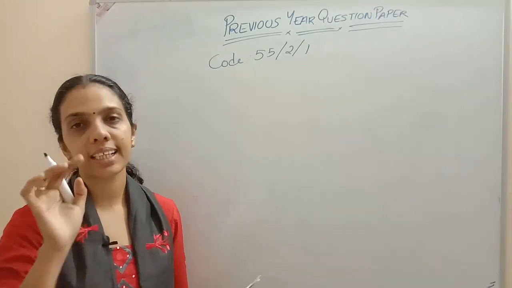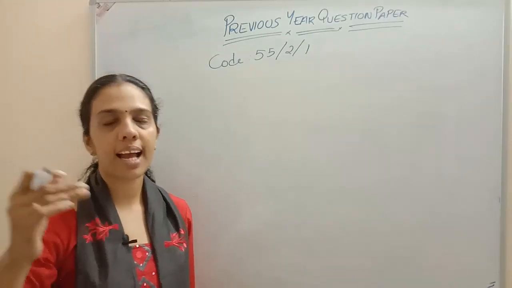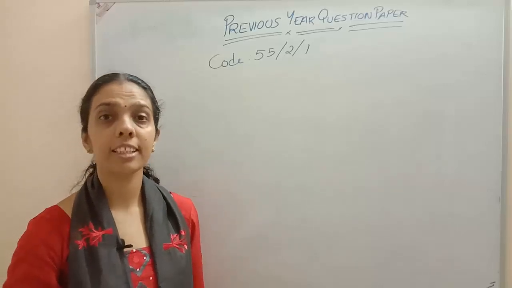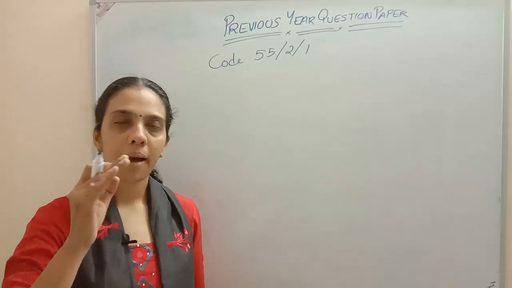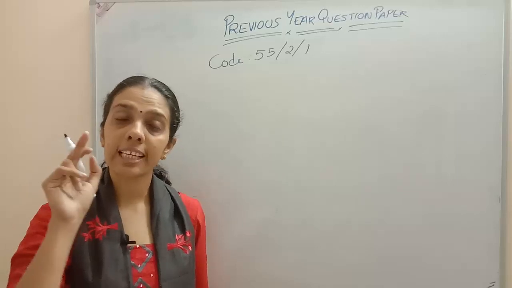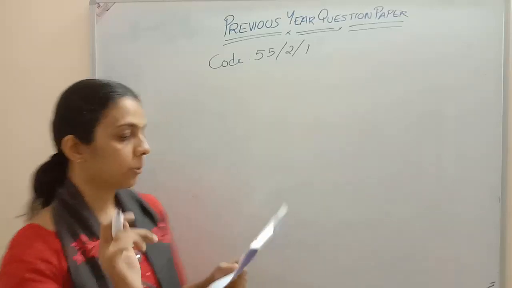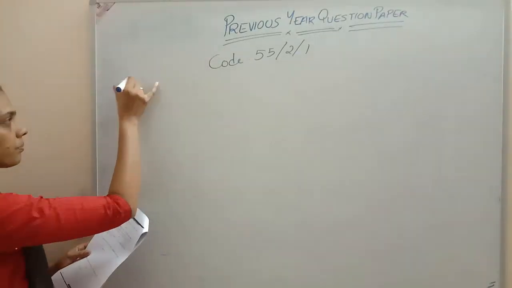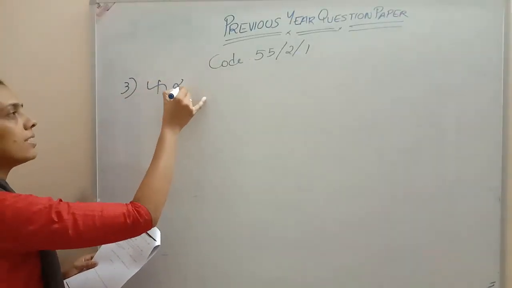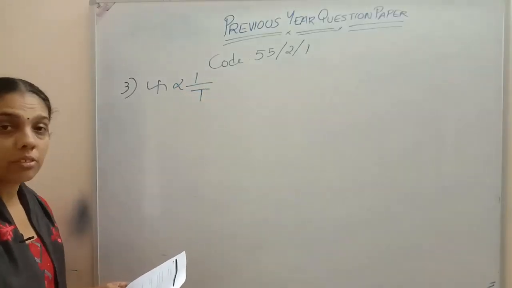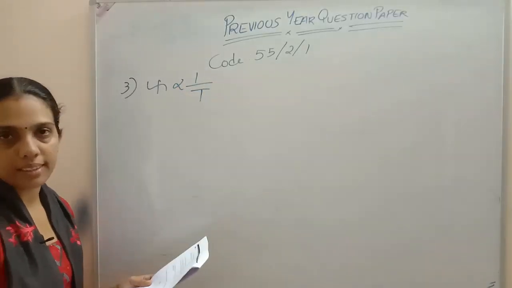What is the relation connecting magnetic susceptibility and temperature? It is Curie's law, isn't it? In Curie's law, the magnetic susceptibility is inversely proportional to temperature.